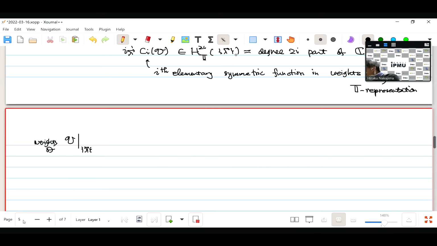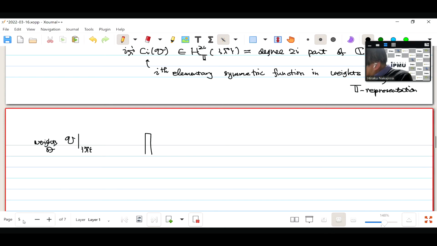So this is a very combinatorial object, which appears many times, very similar to flag varieties and such kinds of spaces which appear in representation theory. So anyway, I just described this, from which you see some combinatorial flavor of this space.